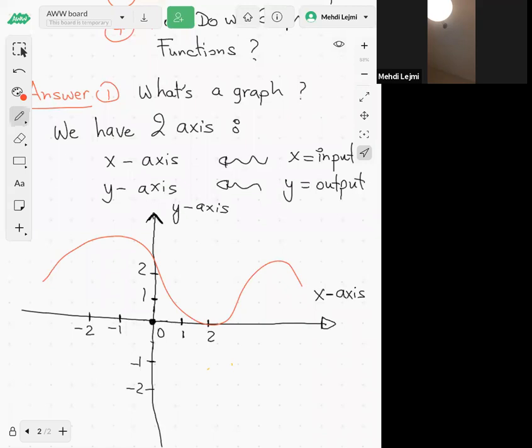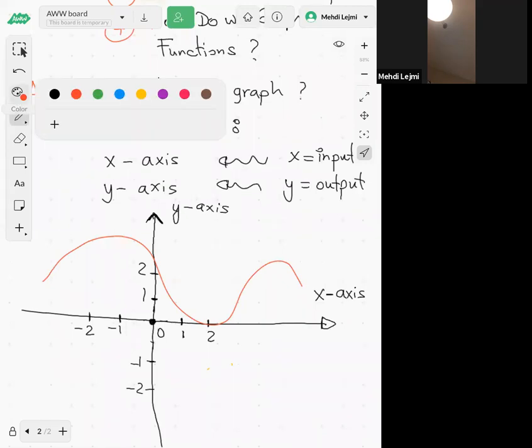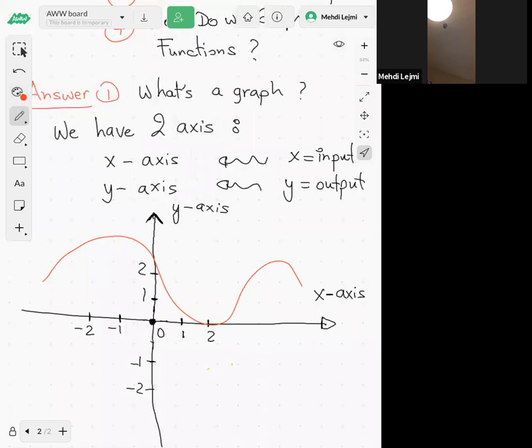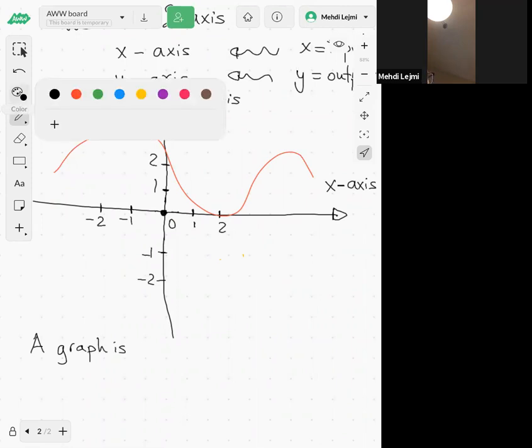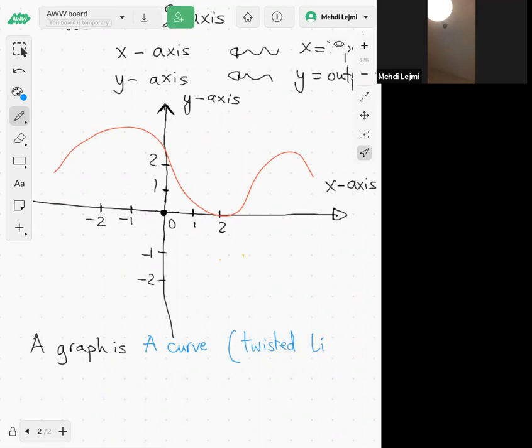So a graph is just a curve. What do I mean by curve? It's just some twisted line.